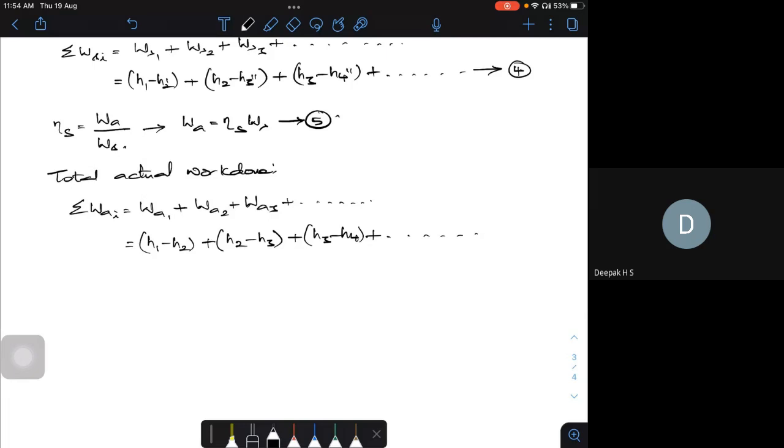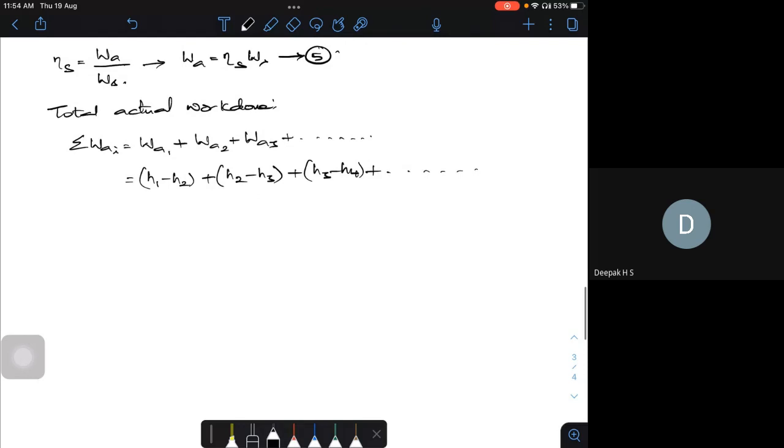Now, actual work done is nothing but stage efficiency into isentropic work done. I can write it in that particular fashion. So this equation I can write as stage efficiency, which is common, into H1 minus H2 dash, plus stage efficiency into H2 dash minus H3 double dash, plus stage efficiency into H3 double dash minus H4 double dash.